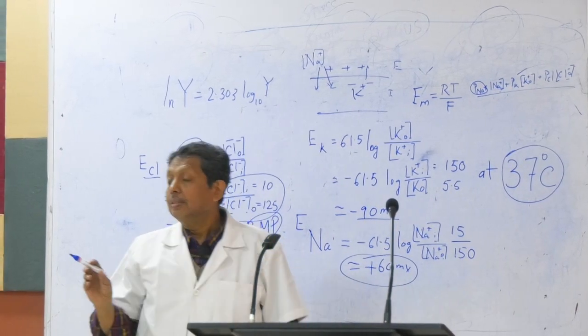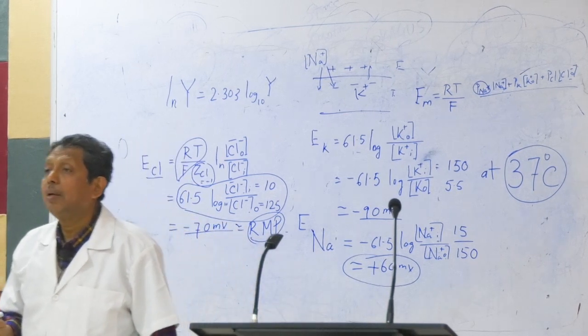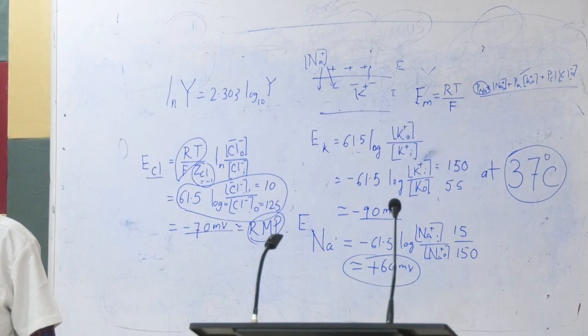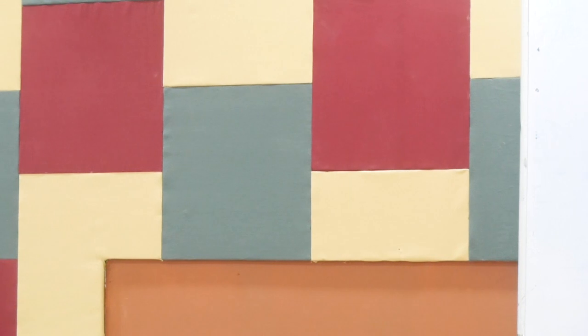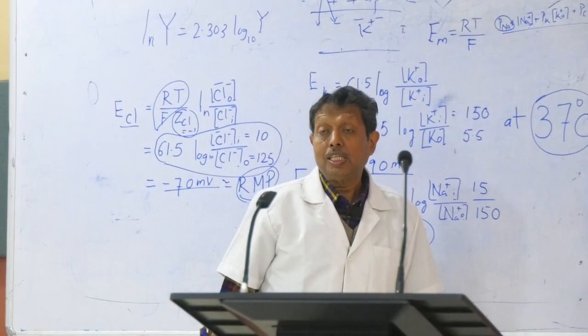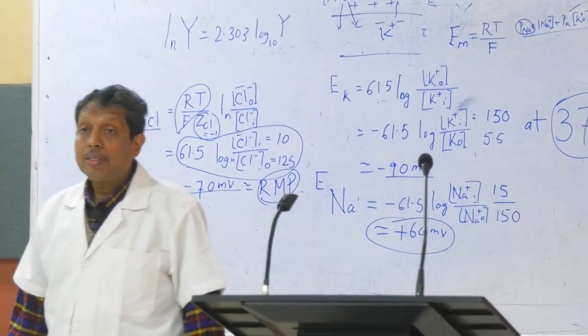So if there is a fall or a rise in the sodium ion concentration, as permeability is low, it will not affect the membrane potential to a great degree, but the height of the action potential, the spike potential, may diminish or change. But potassium is more permeable, so a change in the potassium concentration will have that effect.